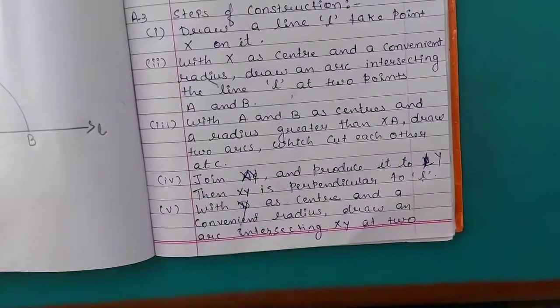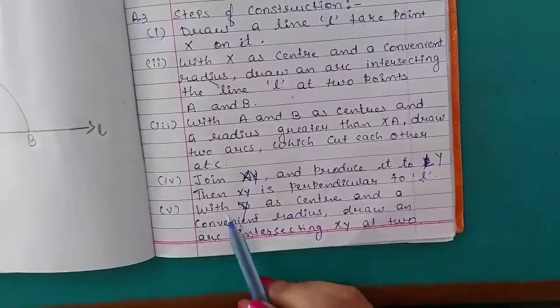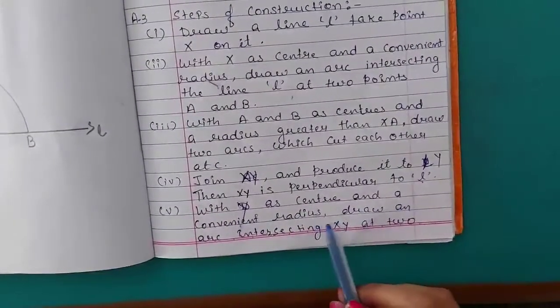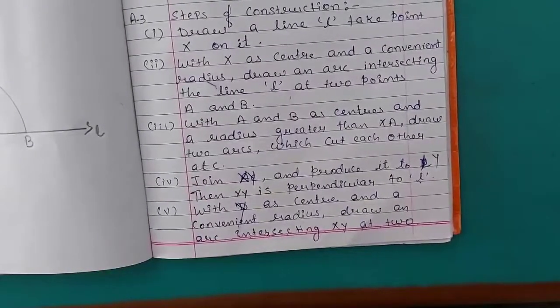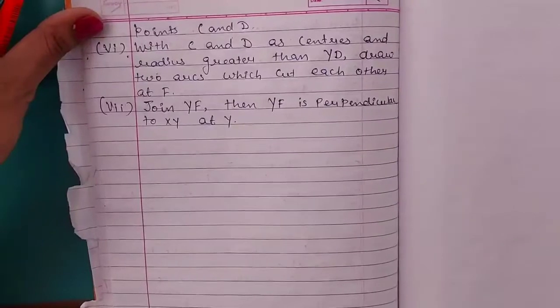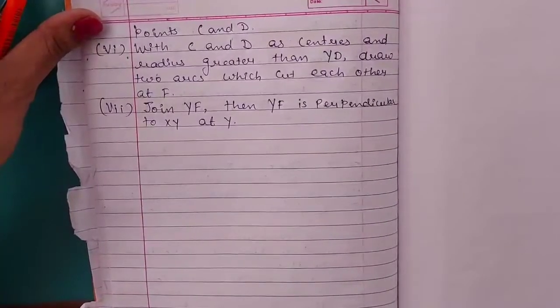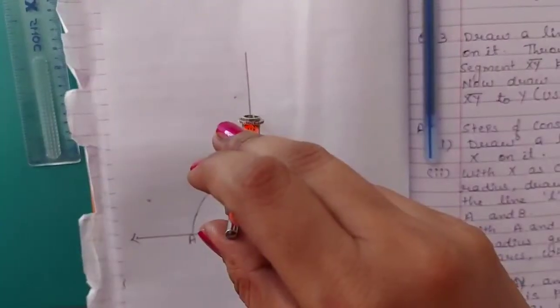Now we will follow the same steps again. With Y as the center and a convenient radius, draw an arc intersecting XY at 2 points, C and D. So let us draw this.